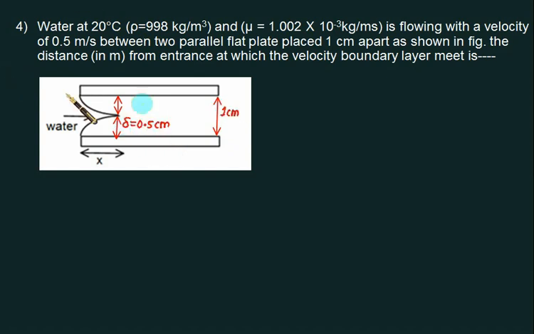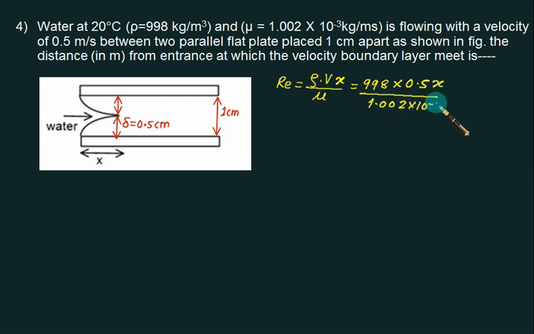We have delta equal to 0.5 cm. We know Reynolds number is rho v x divided by mu. Rho is 998, velocity is 0.5 into x, mu is 1.002 times 10 to the power minus 3. So this is 4.982 times 10 to the power 5, and this flow is laminar.